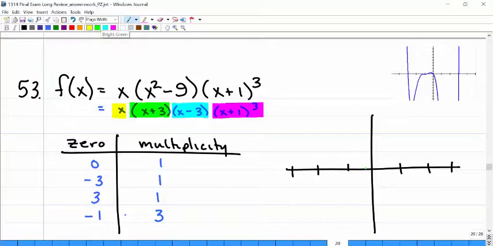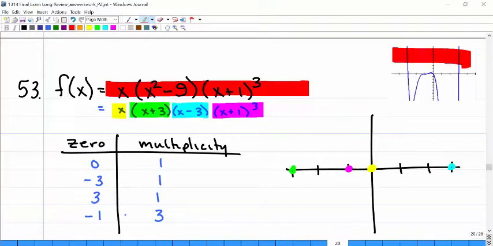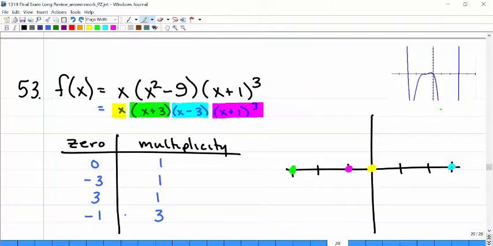To graph all of those, here's x equals 0, here's x equals negative 3, here's x equals 3, and x equals negative 1. I cheated and looked at this polynomial on my calculator, and I noticed that I had this 0 here at x equals negative 1.